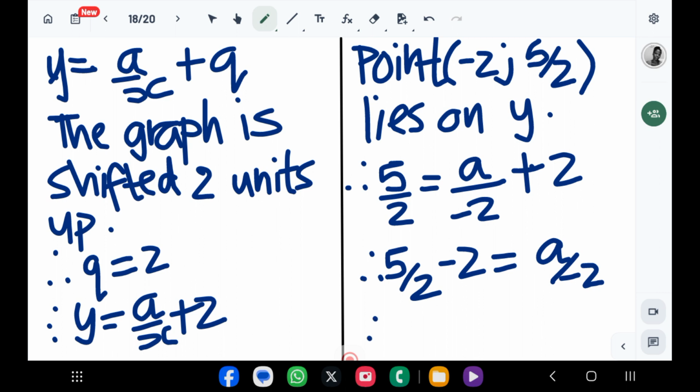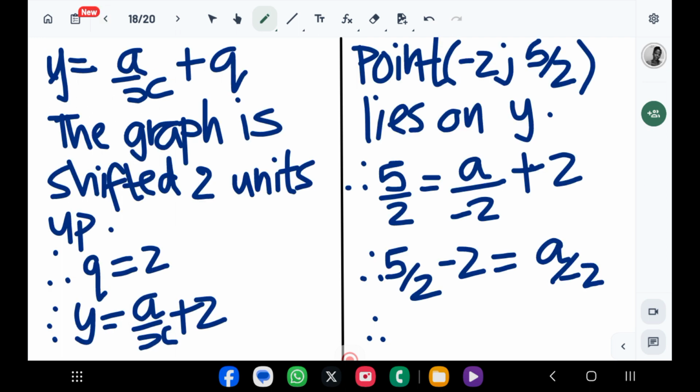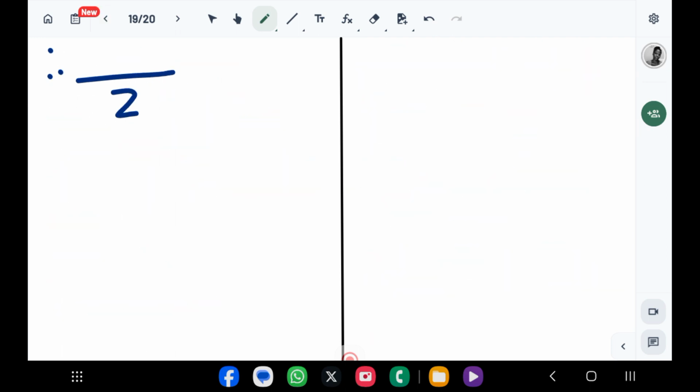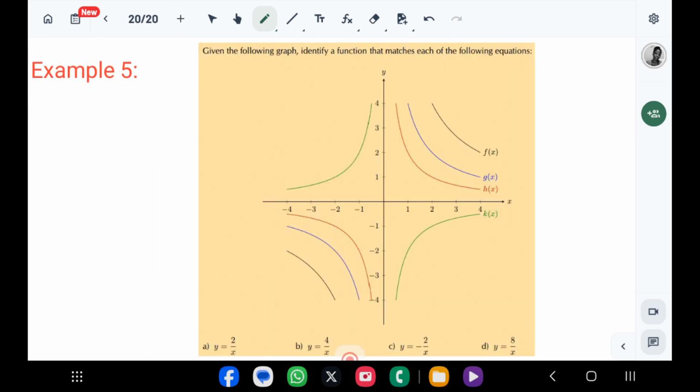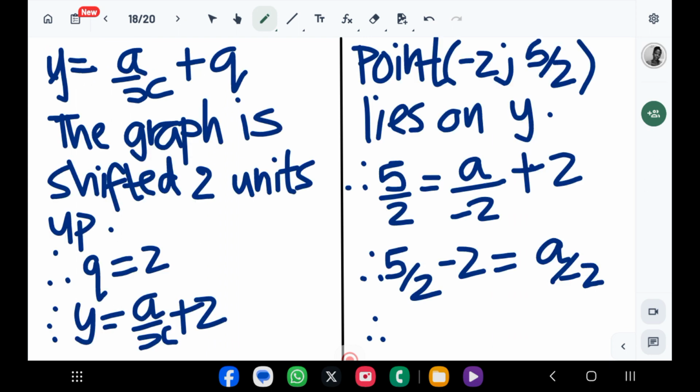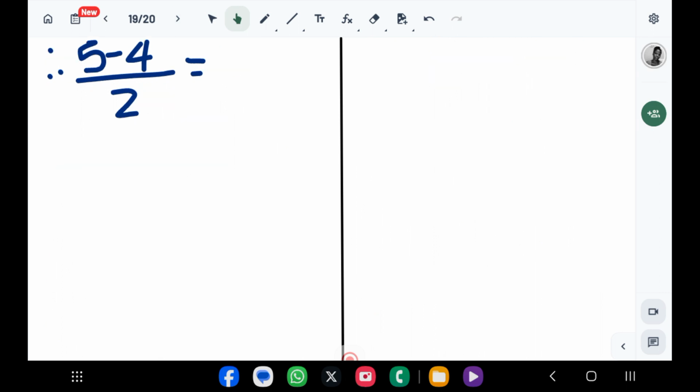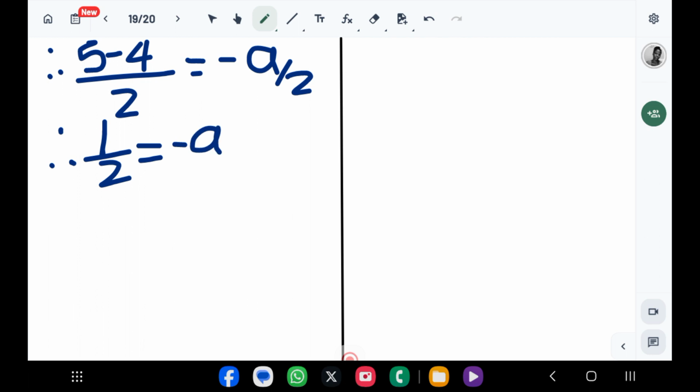All right, which gives us what? Let's fix the fraction. 5 minus 4 over 2 equals negative a over 2. Therefore, 1 over 2 is equal to negative a over 2.